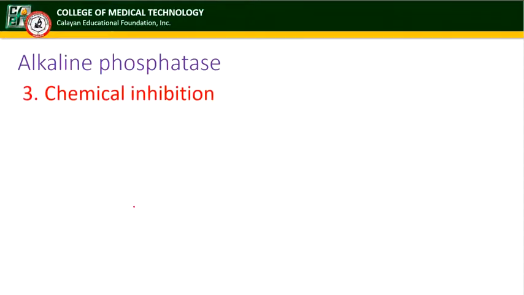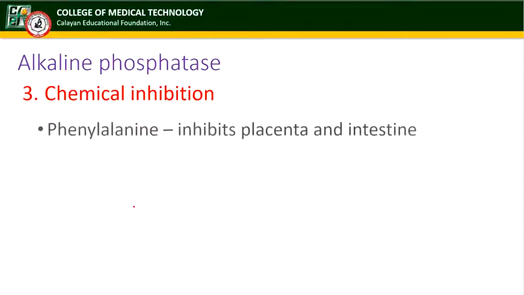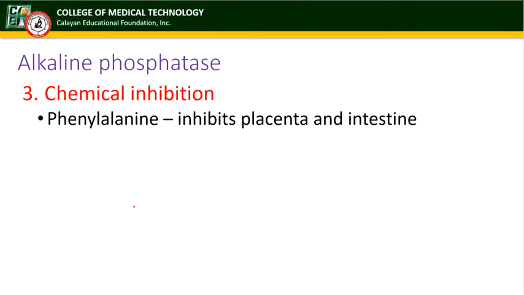Chemical inhibition. So, chemical inhibition naman, ganun din. Measure mo muna yung ating ALP levels. Then, magdadagdag tayo ng specific chemical. At kapag nabawasan yung activity gamit yung specific chemical na yon, pwede natin ma-identify kung ano yung natitira or yung natanggal. Gets? So, kapag naglagay tayo ng phenylalanine, at ang phenylalanine inhibits, nababawasan or tinatanggal niya ang placental and intestinal ALP isoenzyme.